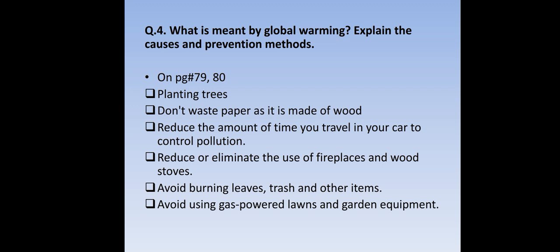This is the definition, and you can find it on page number 79. You can write it even in your own words. Then we have also studied the reasons for global warming, that is deforestation and dam construction. Again, you can find it on page number 79, and you can also consult my lecture number 3, in which I have described all these causes in detail.